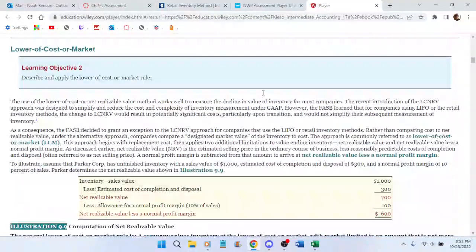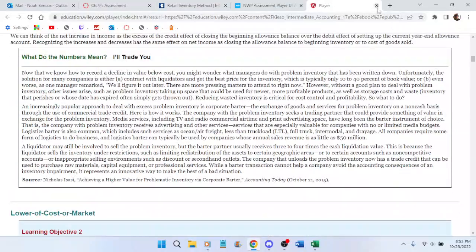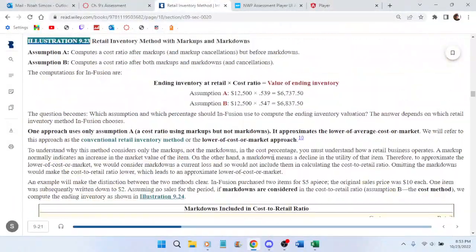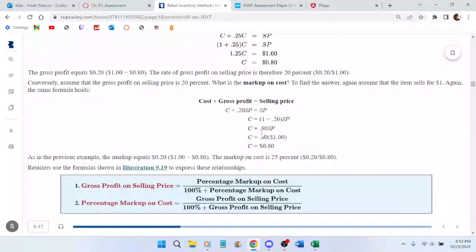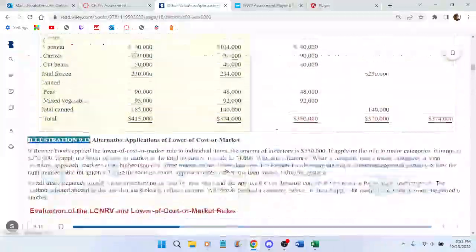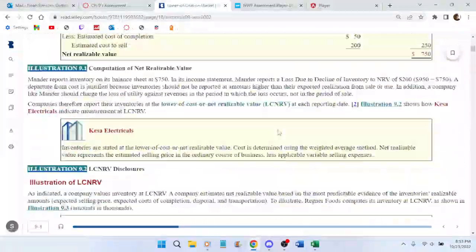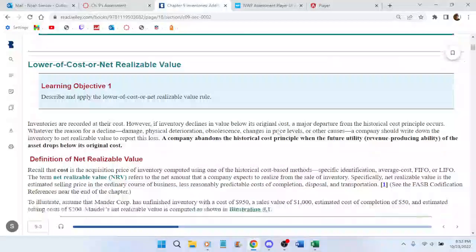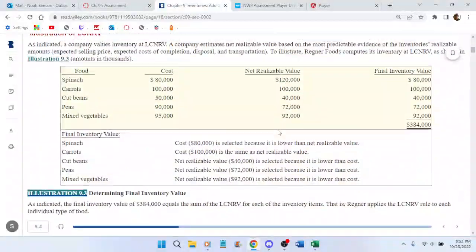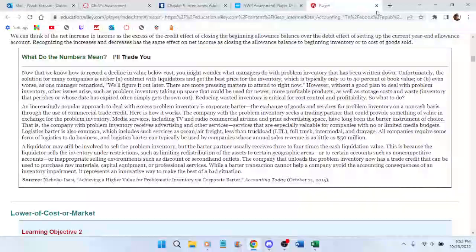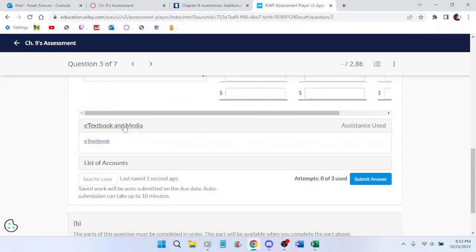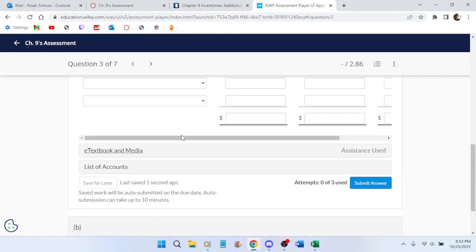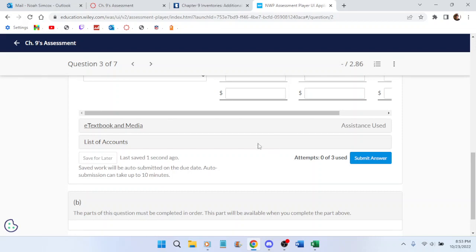What on earth do they mean? You're supposed to... Like, why do they tell you to put inventory in an income statement? That's what I'm confused about here.